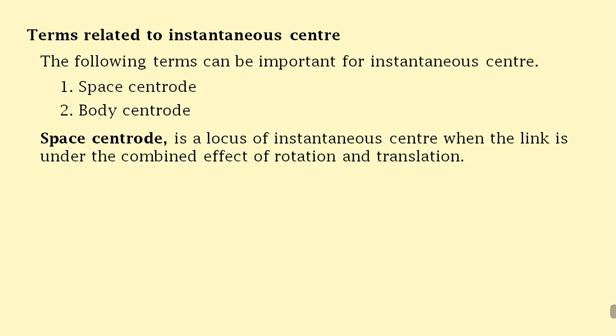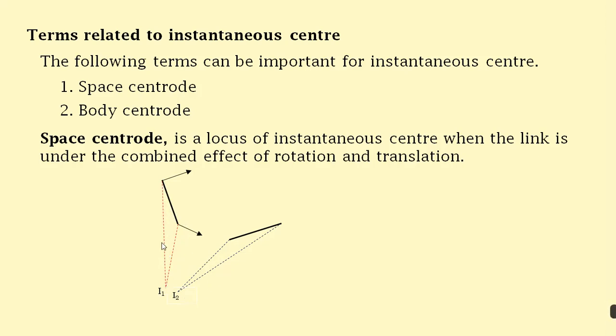So we'll take one example here. I'm considering one link which has velocity directions like this, and I'm assuming the instantaneous center location at the first instant, and when it has changed to the next location during the rotation and translation, I1 has changed to I2. Here again I have shown these two lines with two different directions. From the link end points the instantaneous center maintains one distance, and the I2 location is at a different distance.